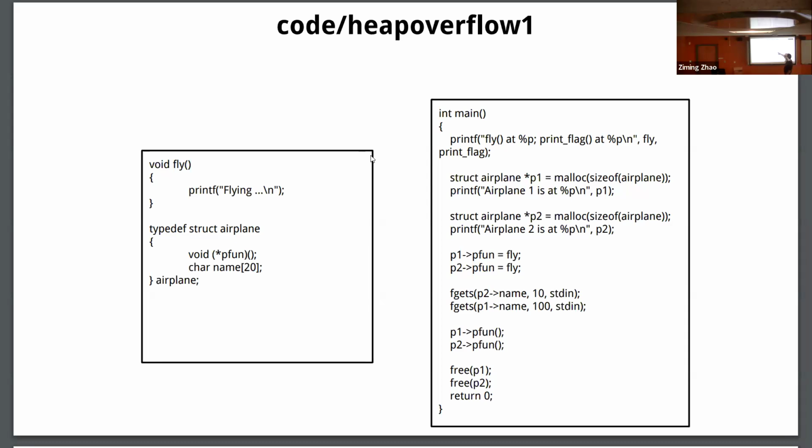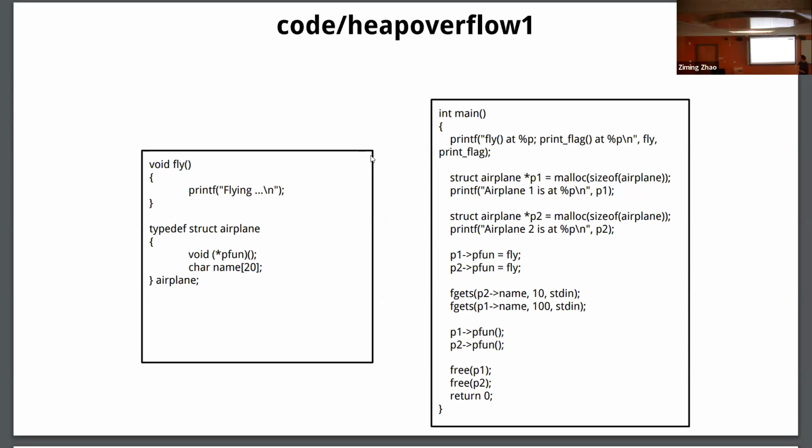Then for the code pointer of both of them, we assign fly, okay? At the beginning, we don't have any malloc chunk there, or just the topmost chunk. So P1 is the first one, so it will have a lower address, right? P2 is the second one, so it has a higher address.